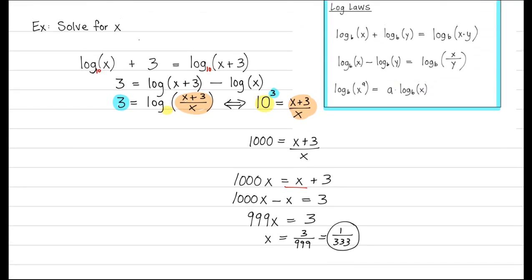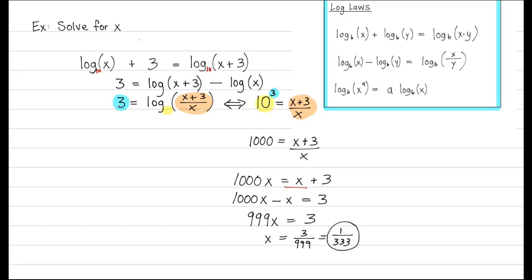Okay. The only other thing you might want to do is actually go in and double check that the answer that you get for x, so this answer here, wouldn't give us any errors in this initial equation, right? And remember, what are the things that give us errors for logs?